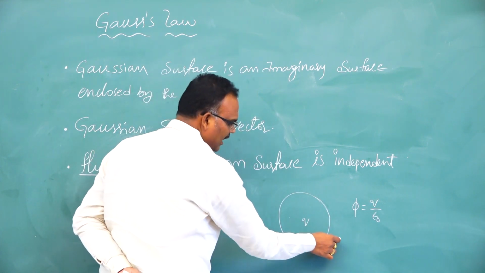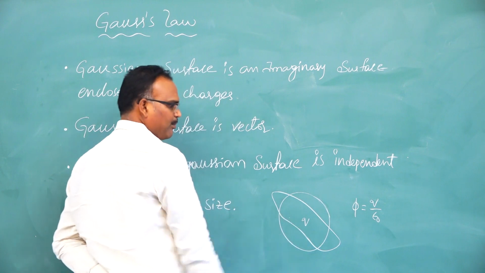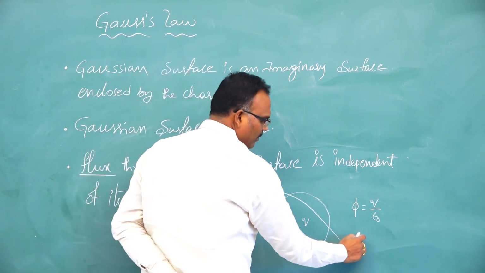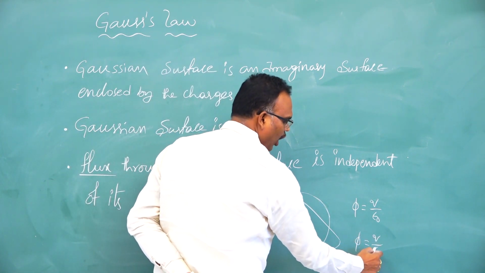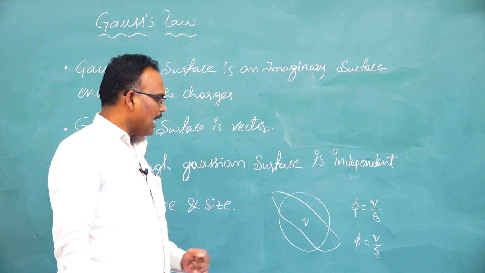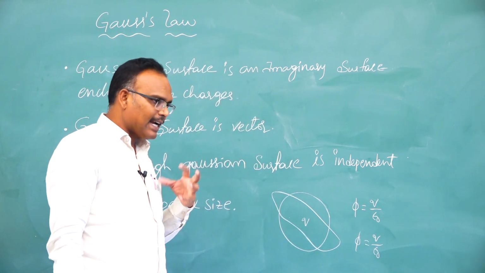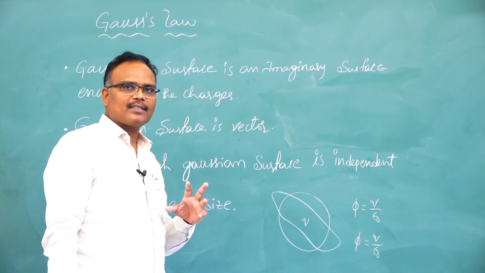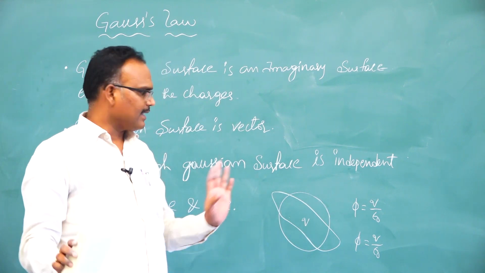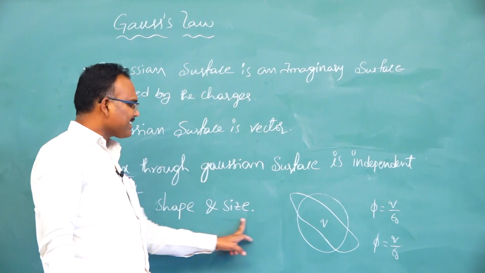If I take Gaussian surface as some amoeba shape, then flux will be phi is equal to Q by epsilon naught only. Same quantity of charge lies inside any two Gaussian surfaces of any shape. Flux is same.